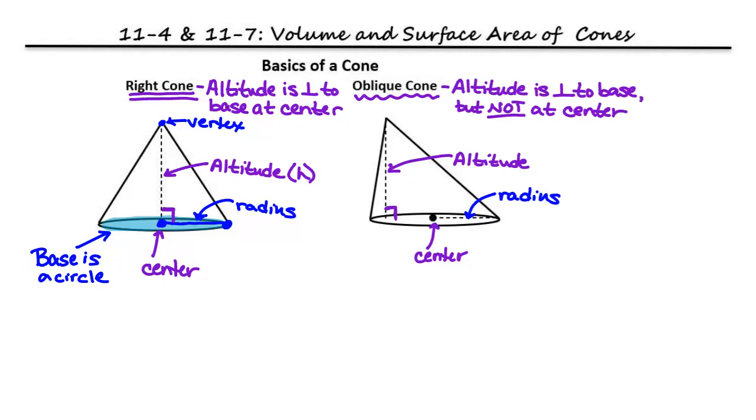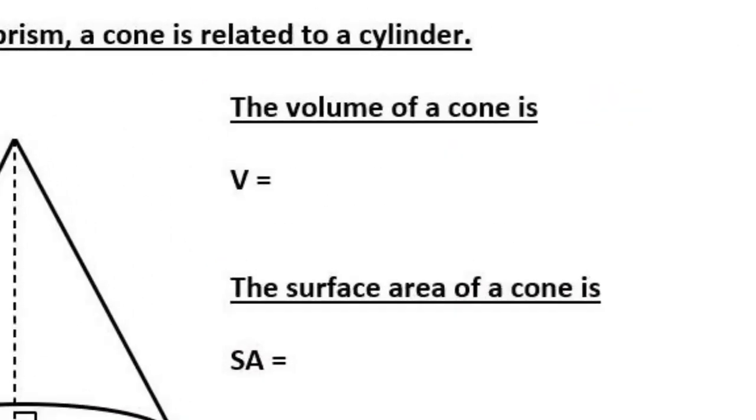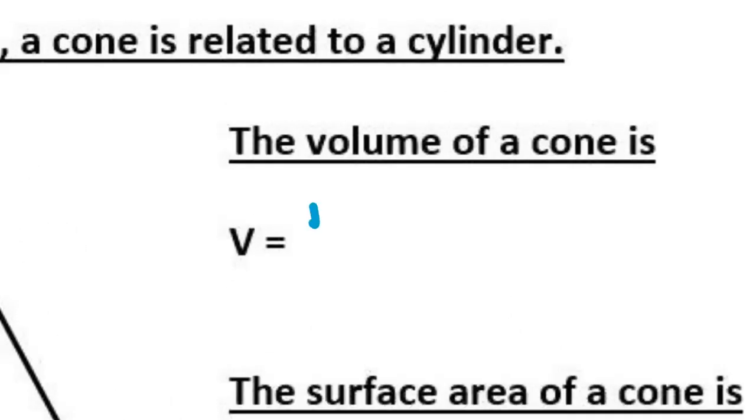All right. Does anybody remember how to find the volume for a pyramid? We just did this on the warm-up. What was our volume formula for a pyramid? 1/3 area of the base times the height. And what shape is the base on our cone? It's a circle. So 1/3 times the area of a circle, which is what?